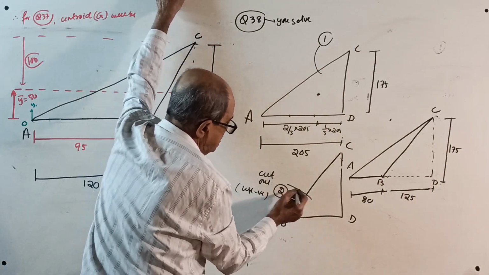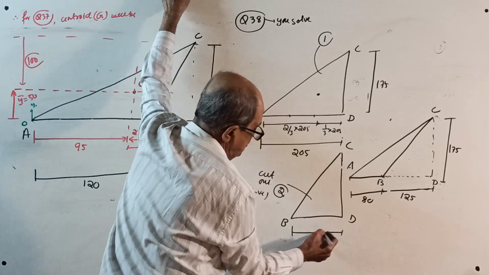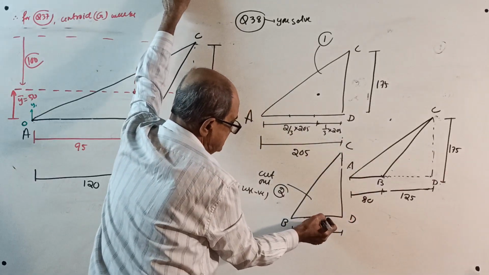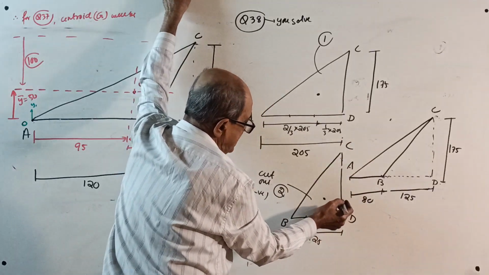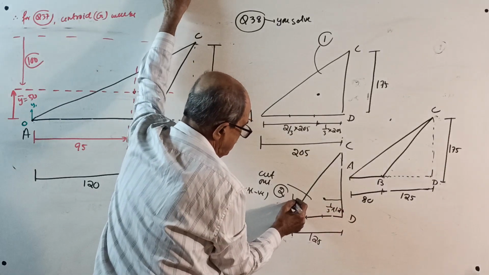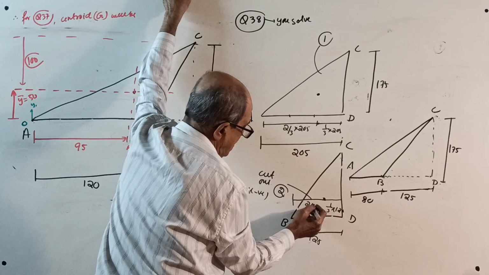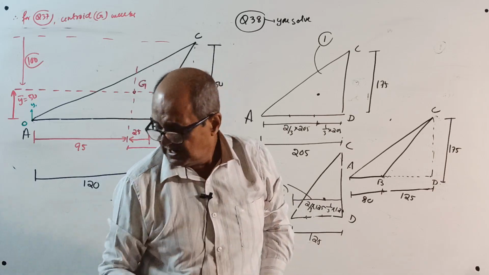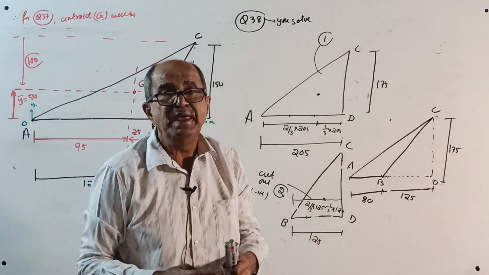This is your figure number 2. For that, base is 125, height 175. Centroid will be from here 1 by 3 of 125. If you do from here, 2 by 3 of 125. Make all these notes first. Already explained just now. Second time I cannot tell everything.